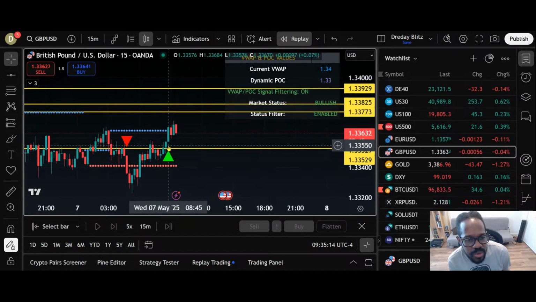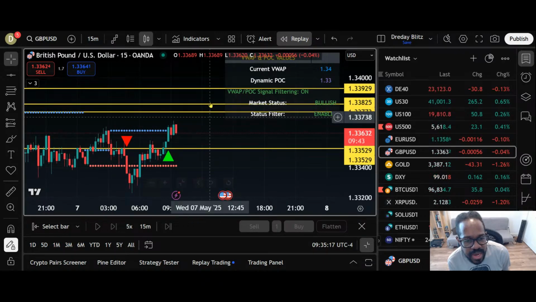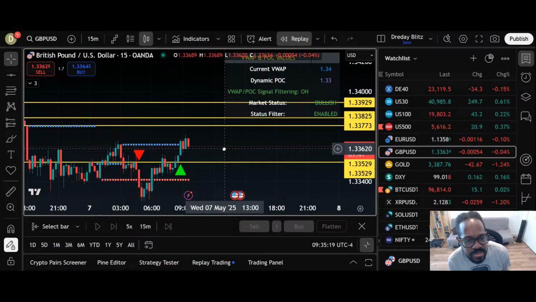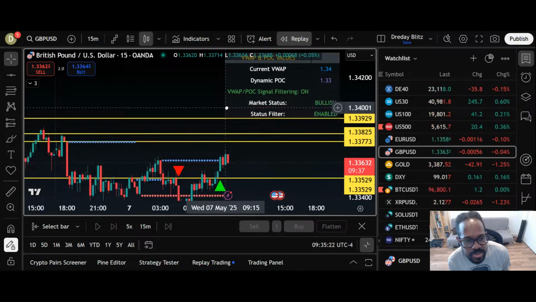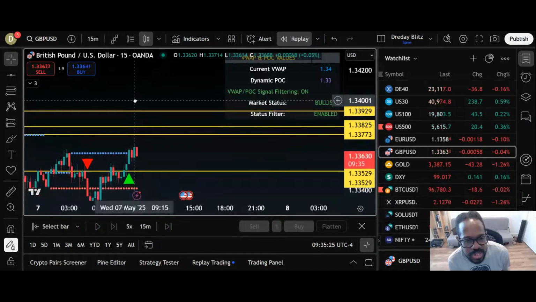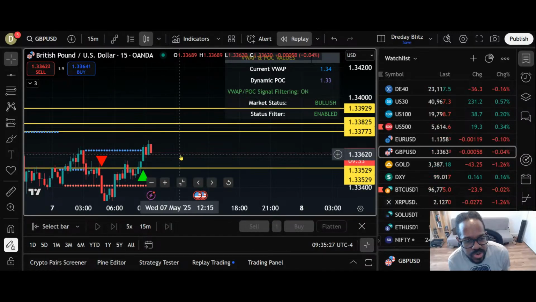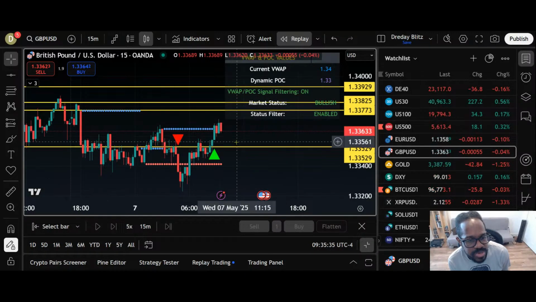But that was the buy that came in at 9 a.m. And those are expected zones here that the price wants to reach if it wants to have a continuation going up. But if it goes against you, that will be the best level here to put your stop loss if you already took that trade going up.